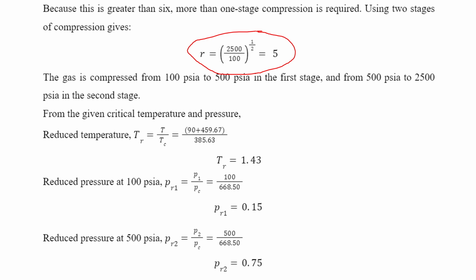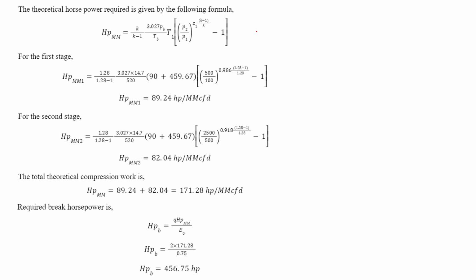So the R value for both compressions is equal to 5. From the given critical temperature and pressure values, we can find out the reduced temperature, which is temperature divided by the critical temperature, and the reduced pressure at 100 and 500 psi, which is pressure divided by the critical pressure. So the theoretical horsepower required is given by the following formula.